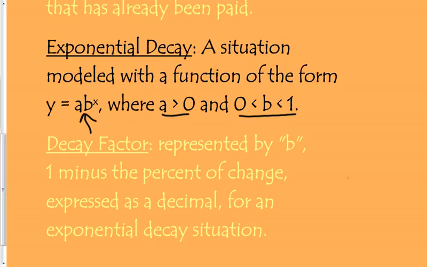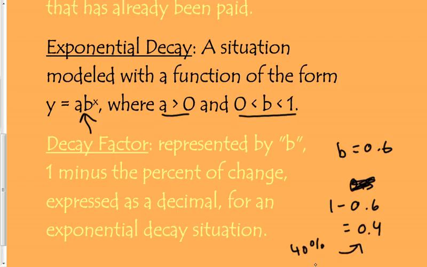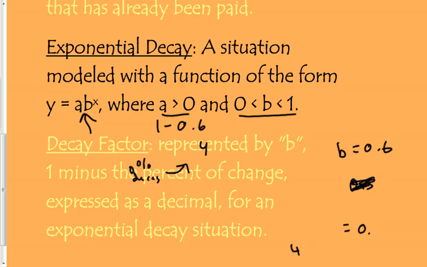So for instance, let's say b equals 0.6. 1 minus 0.6 equals 0.4, so that would mean it's a 40% decay. So whatever's taken off of that 1. So very similar to the growth factor. And we'll talk about those, especially when we do these examples.